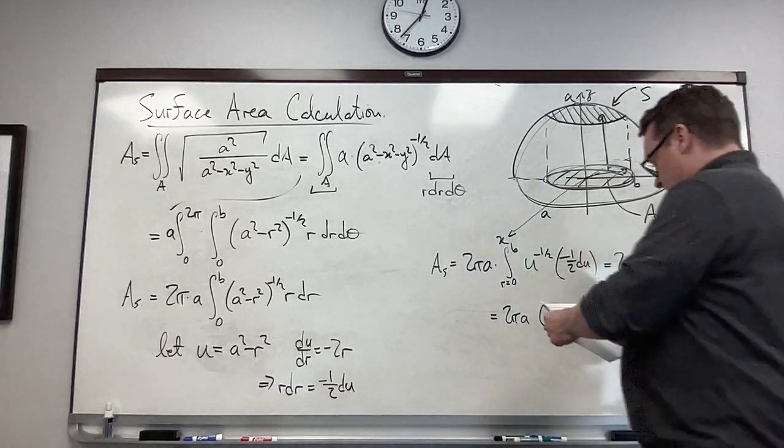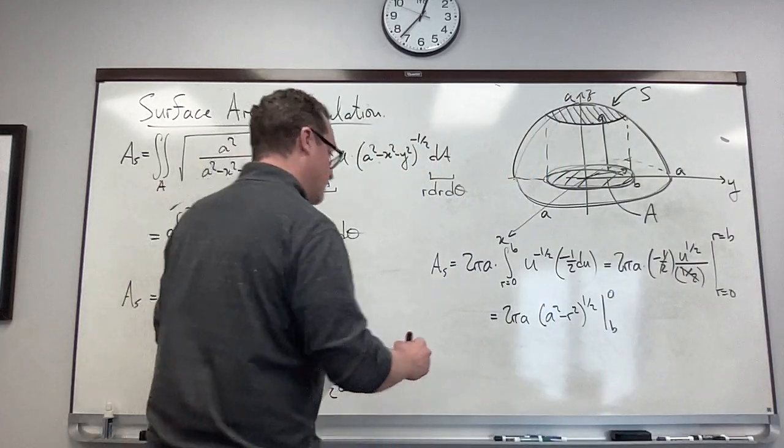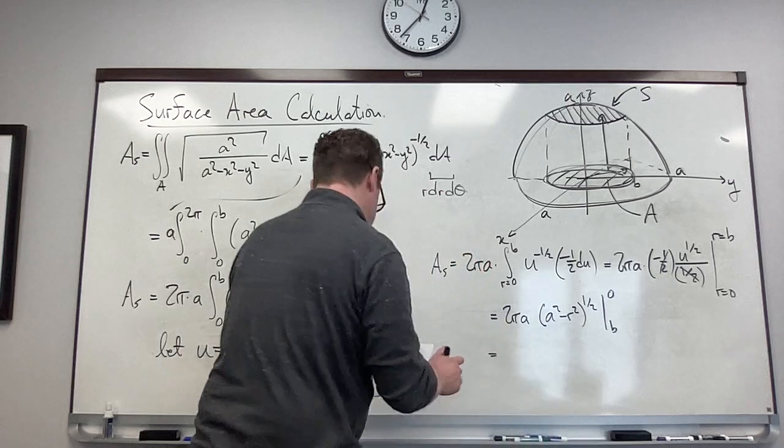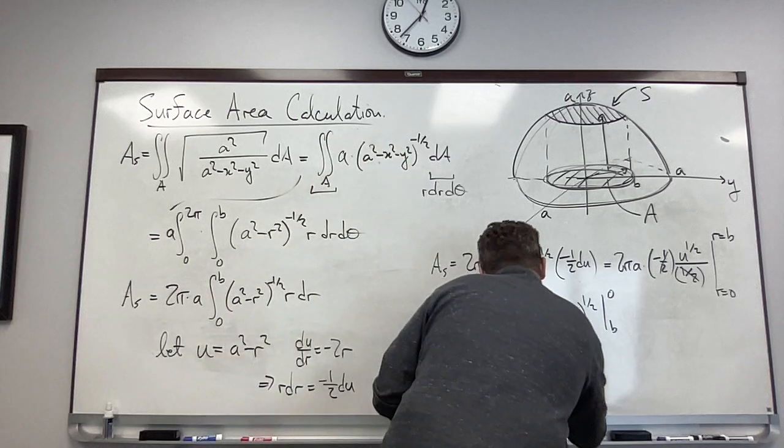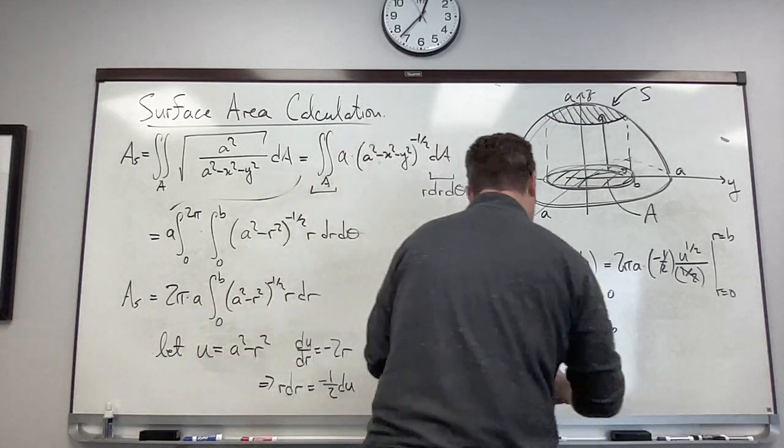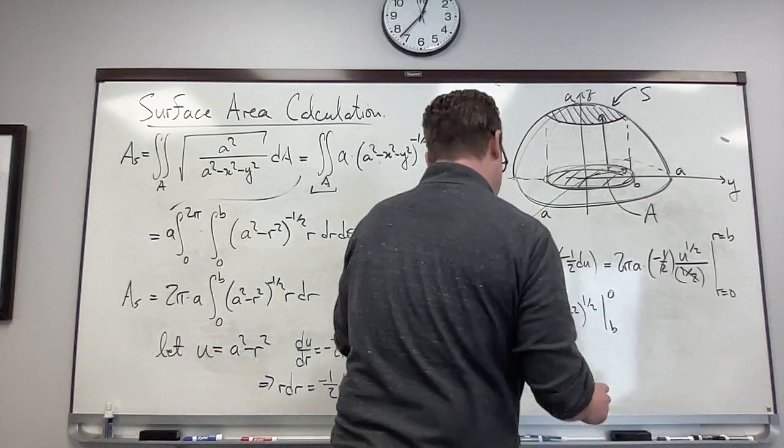Okay, so we're almost done. Now let's do this right here. So this is 2 pi a. And then we have, what we got?